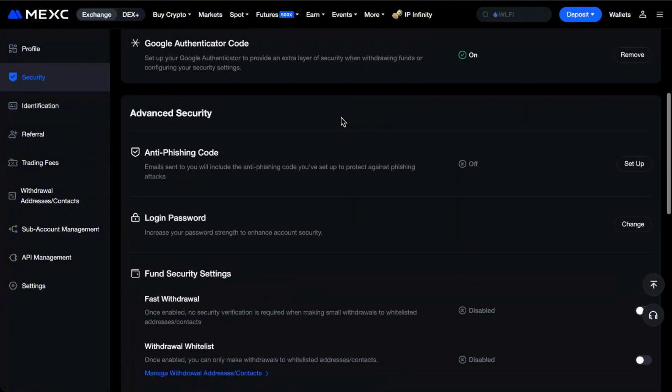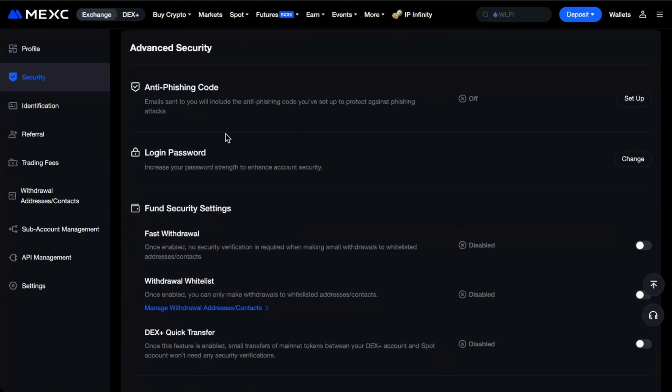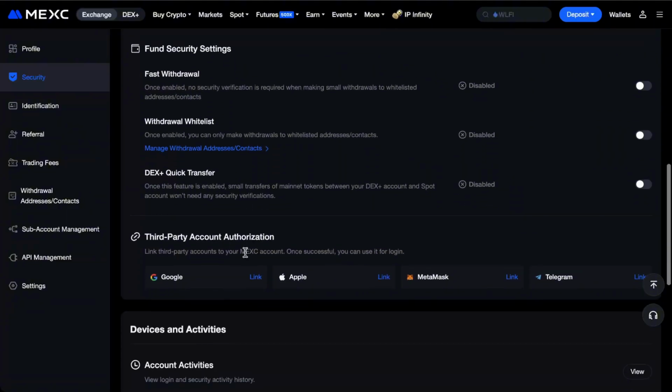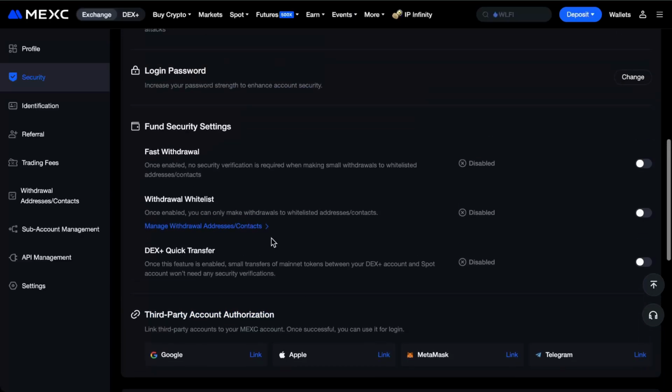Then there's advanced security. Here, you'll find features like the anti phishing code, which is super important because it prevents fake emails from impersonating MEXC. You've also got fund security settings: login password management, and the ability to authorize or restrict third party apps connected to your account.